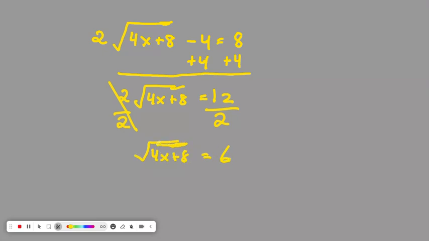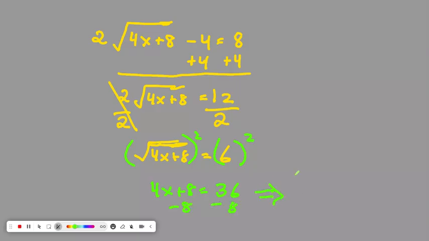And again, remember, we want to clear out this radical sign by squaring. Square both sides, and we get 4x plus 8 equals 36. And we subtract the 8 on both sides.